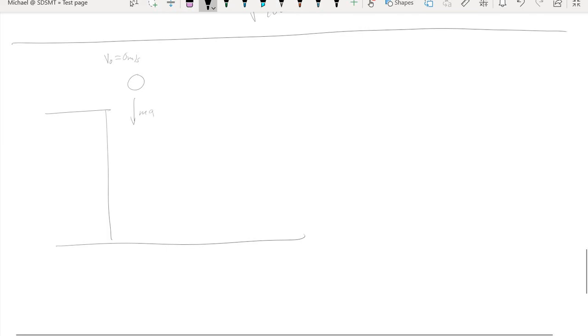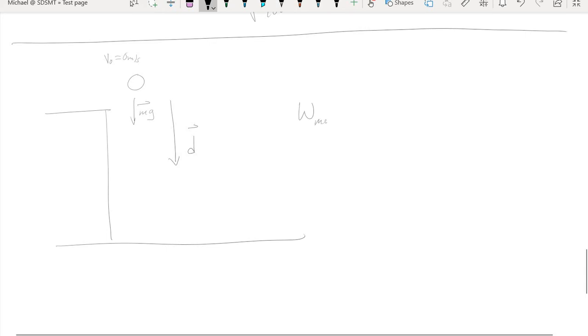So we have mg as a force that is working in the direction of the displacement. So, how much work is required to get the rock from the top of the cliff down to the ground? And we'll assume that the full displacement is d.